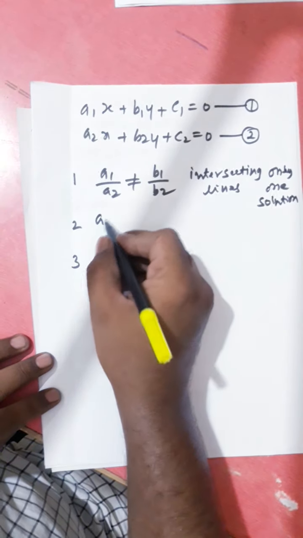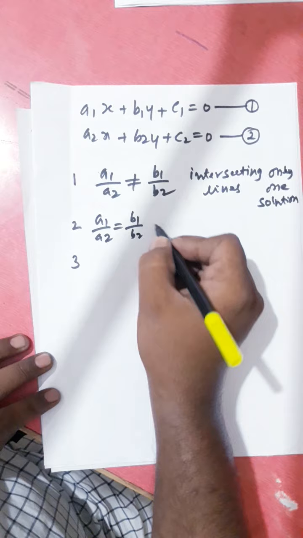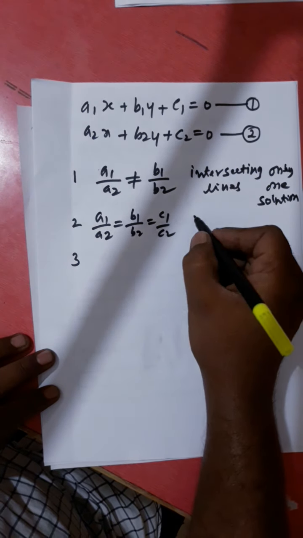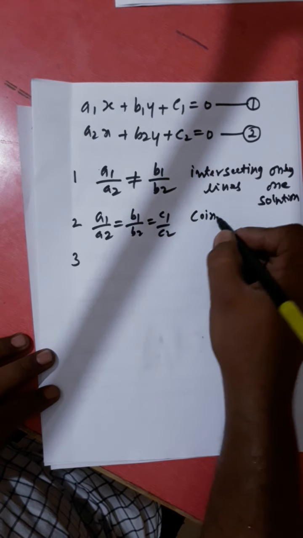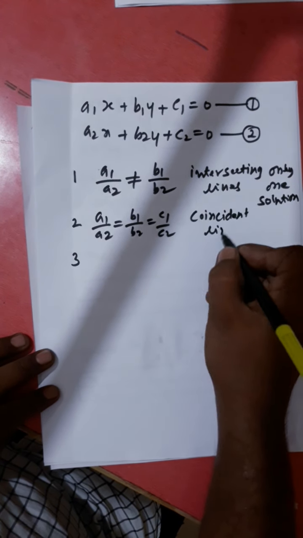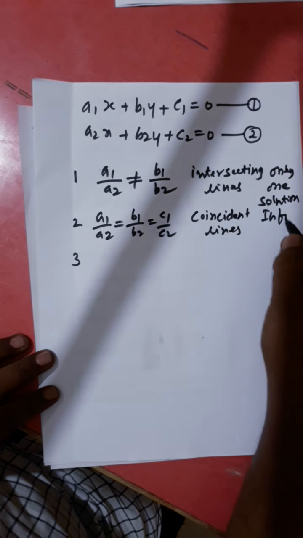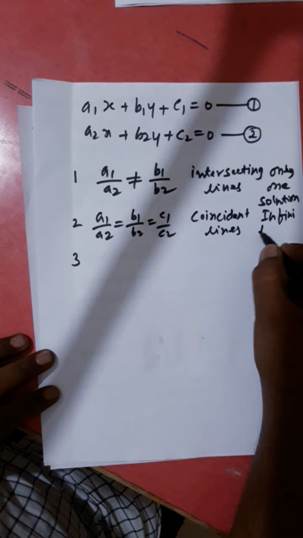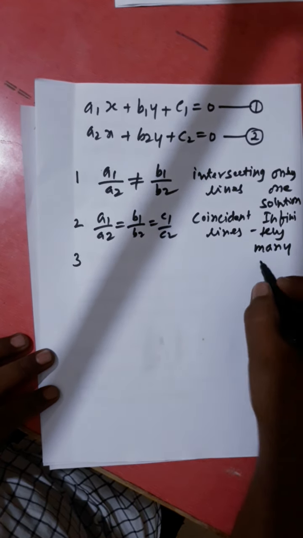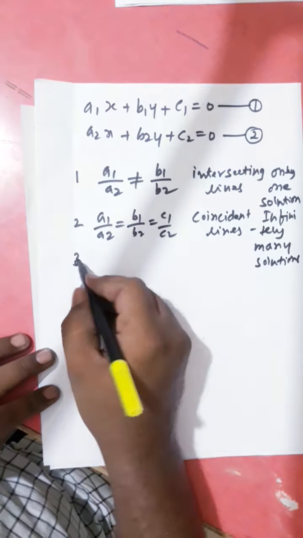Then if a1 by a2 is equal to b1 by b2 is equal to c1 by c2, then we say that those lines are coincident lines. How many solutions do they have? Infinitely many solutions.